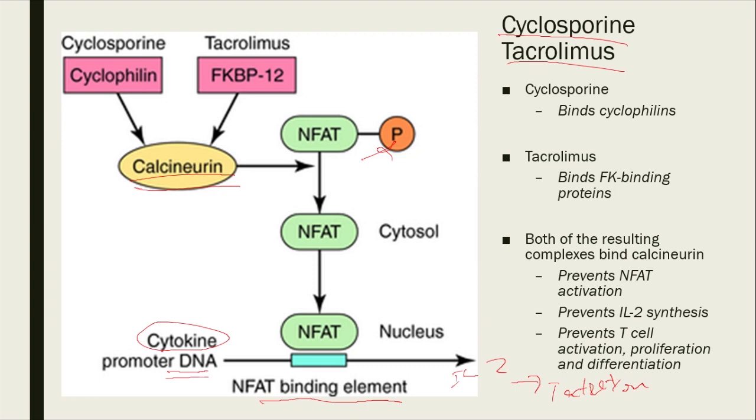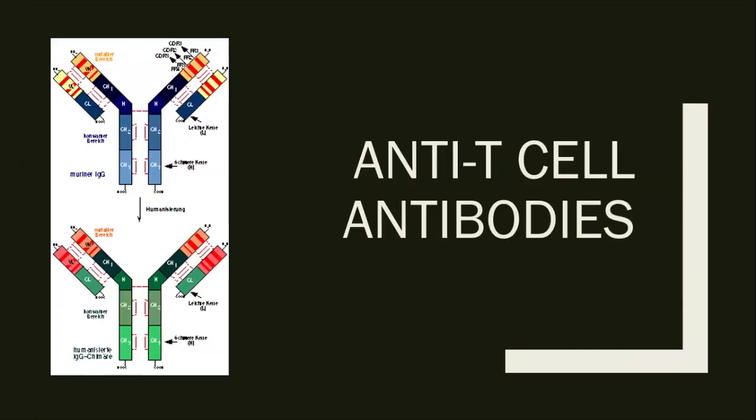Once these drugs form a complex, it will bind to and inhibit calcineurin, preventing it from doing its normal action, therefore ultimately preventing NFAT activation, preventing IL-2 synthesis, and preventing T cell activation, proliferation and differentiation. So that is the pathway of how these small molecule drugs work. We're going to revisit that later in another class, so don't worry too much here.